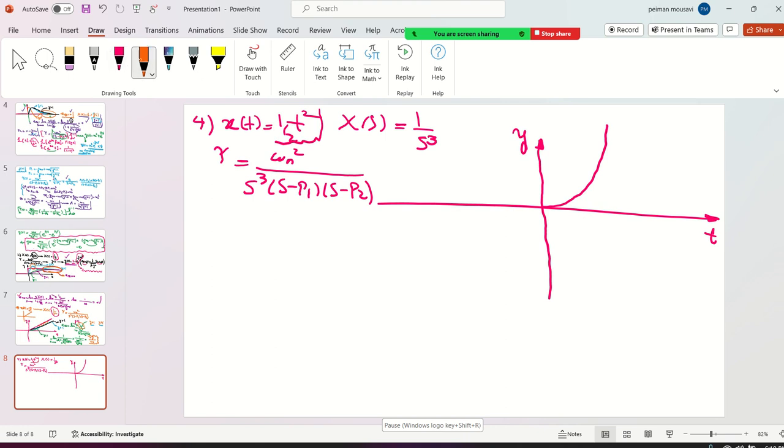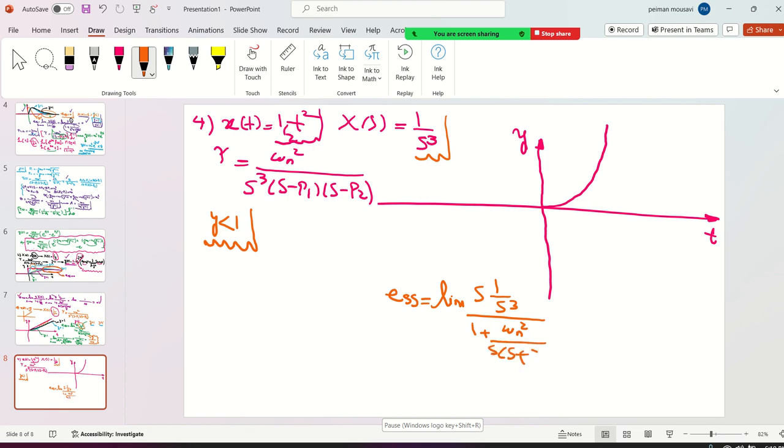So for zeta smaller than 1, before going there, let me calculate the steady state error signal. S times X of s, where X of s is parabolic, 1 over s cubed, times 1 plus G, omega n squared, s in s plus 2 zeta omega n, when s goes to 0.